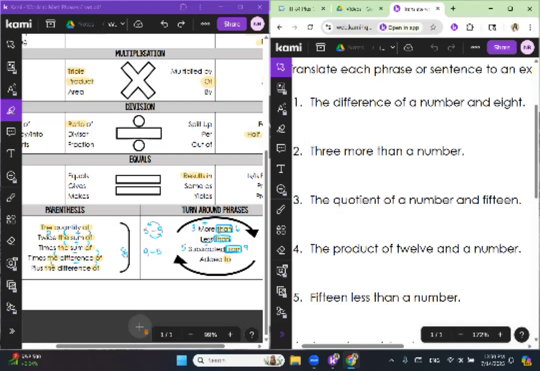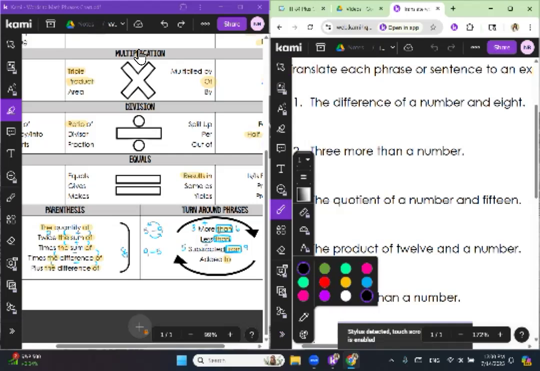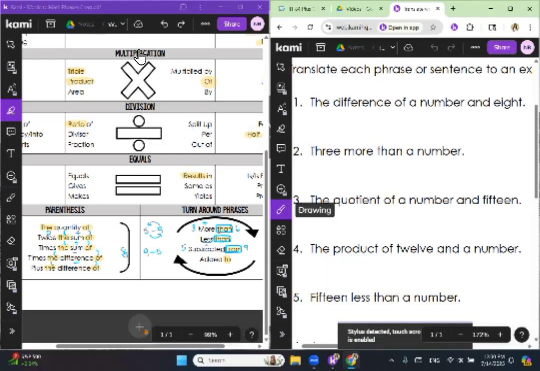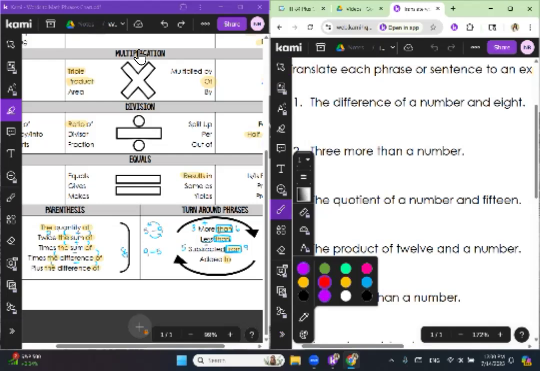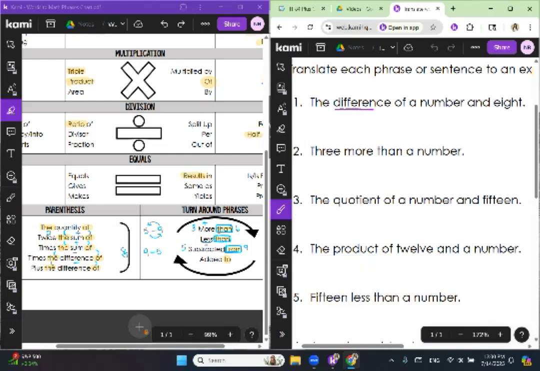Most students will recognize that word difference, so I'm going to underline that one. I'm going to go with purple. Difference means minus. Anytime you see the words a number, that would represent your variable. Okay.